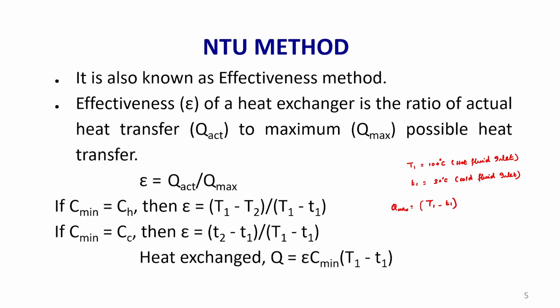In this case, I cannot cool the 100 degree hot fluid below 30, that is, cooling from 100 to 20 or 25 is not possible, because the inlet temperature of the cold fluid is 30 in this example. Similarly, the cold fluid can be heated up to 100 degrees centigrade, which is the inlet temperature of the hot fluid. We cannot heat it above 100. So, this difference is the maximum possible heat transfer.